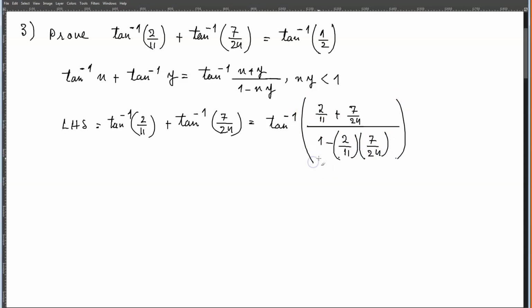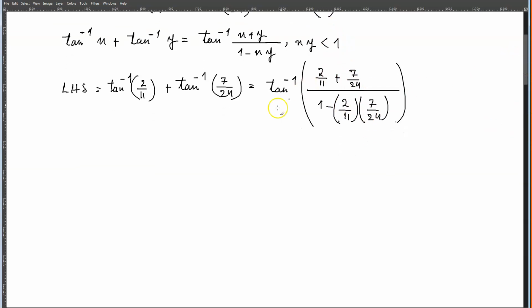So that is basically that. Now we need to calculate this, and I think it's going to be 1/2. So let's see what that is.